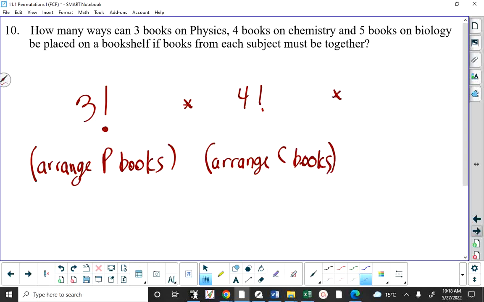And I need to multiply by 5 factorial, which is arranging the bio books. I don't know that you need to write all of this down. That's not going to be the answer.